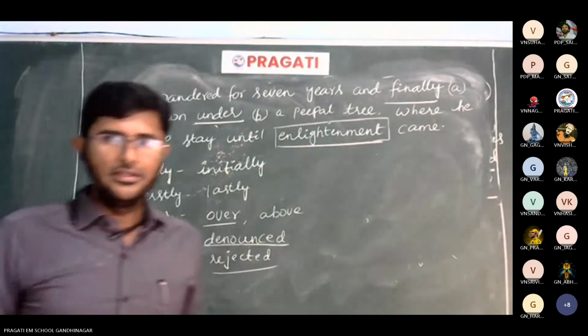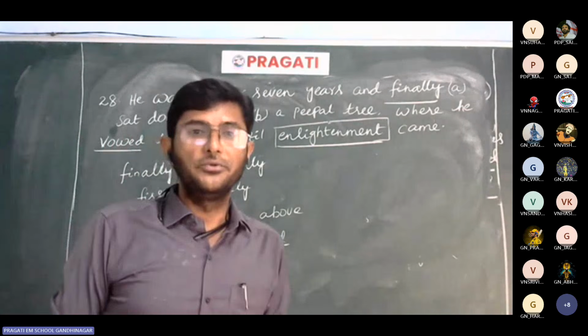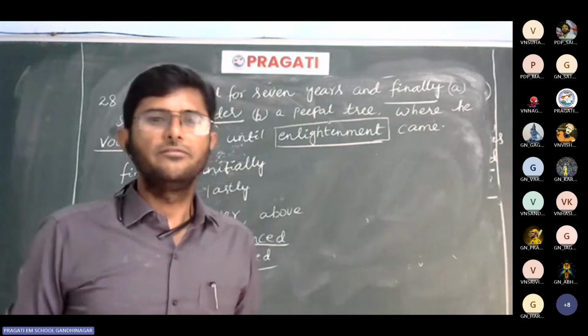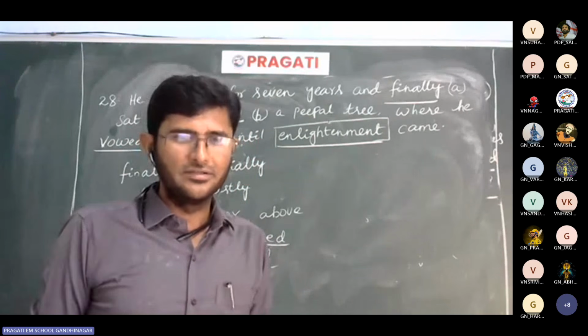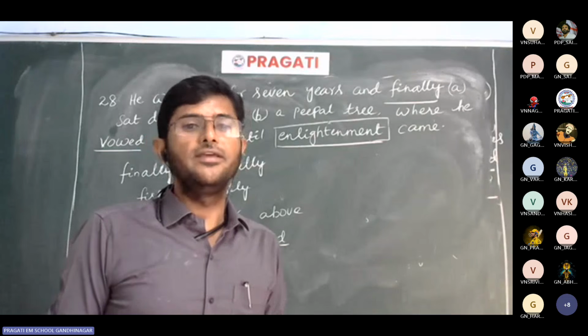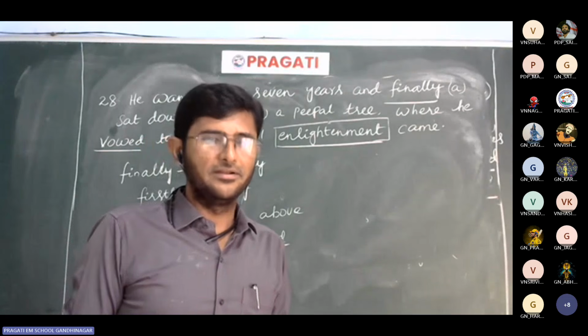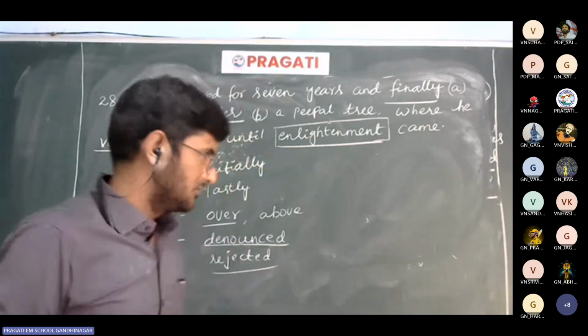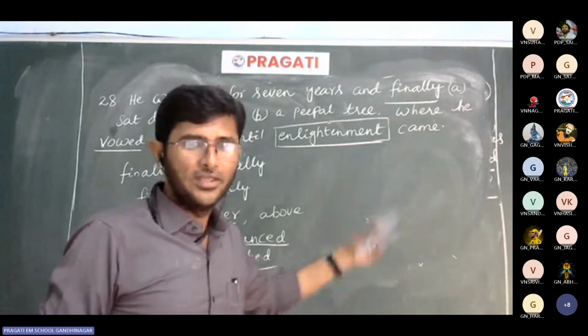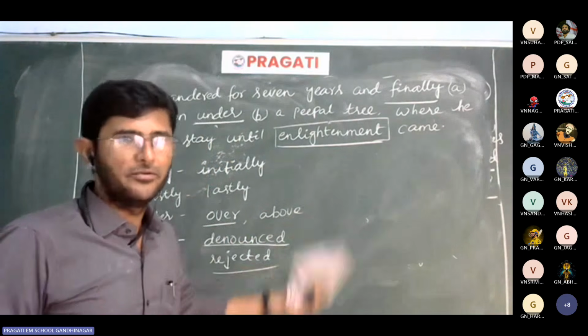Enlightenment means absolute knowledge. Okay. So we all know what knowledge is, but when it comes to spirituality, absolute knowledge is called enlightenment. So since the meaning of enlightenment is knowledge, what could be its opposite?